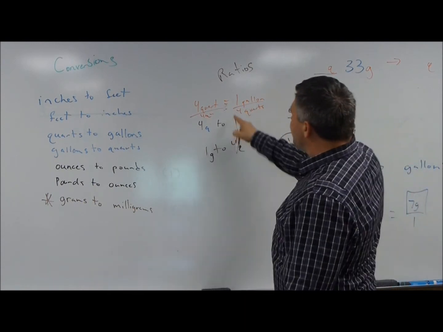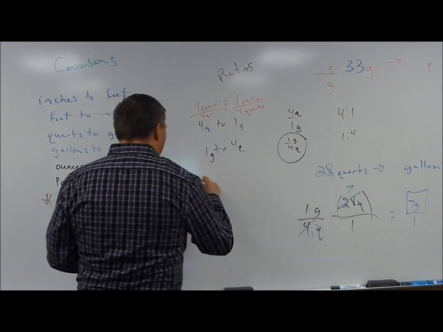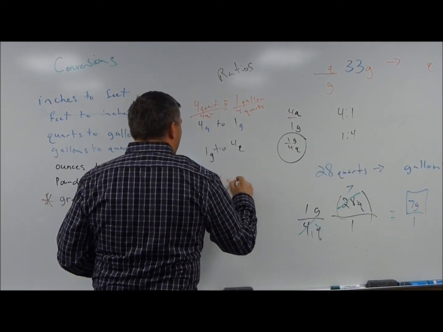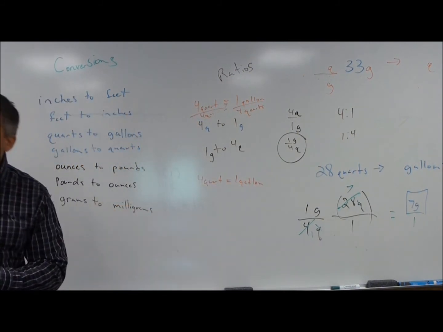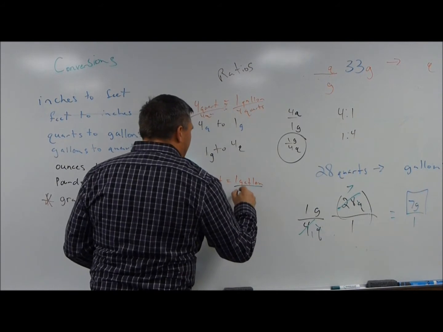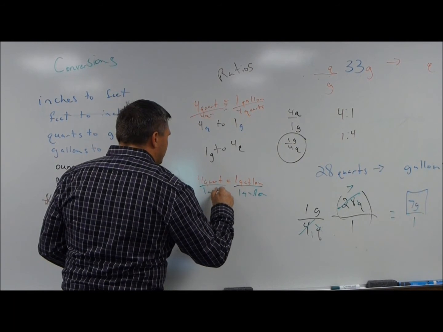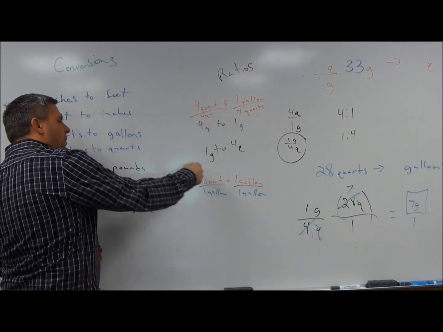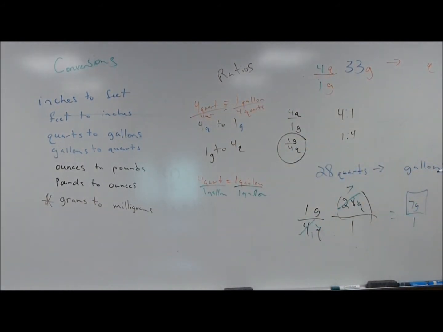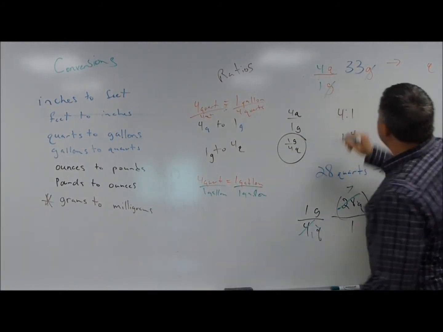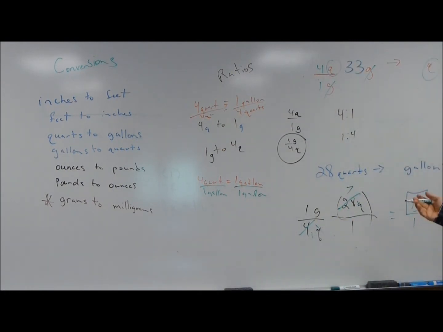But if I take it the other way, if I take 4 quarts equals 1 gallon, and I divide it by 1 gallon, then I have 4 quarts per 1 gallon. And now the gallons cancel. I'm left with the quarts, which is what I want, right?